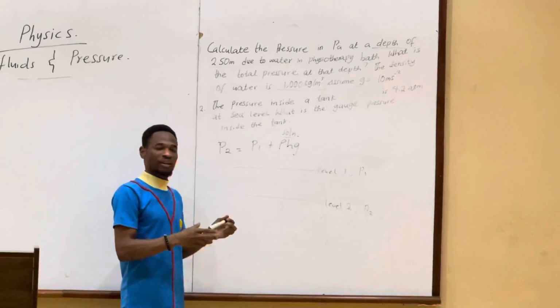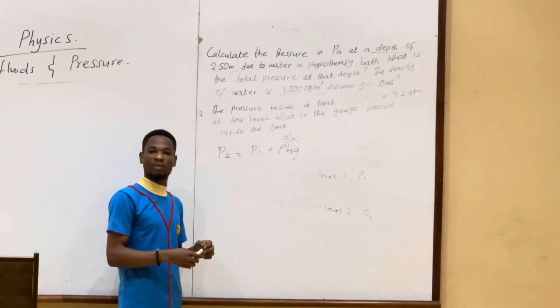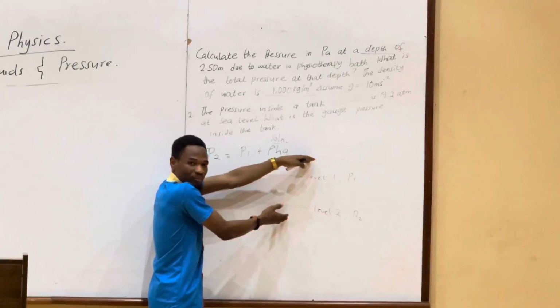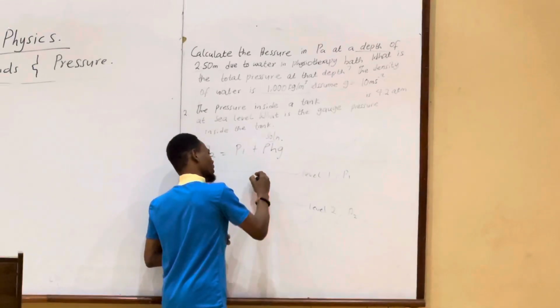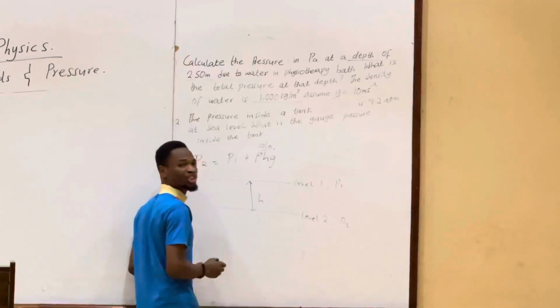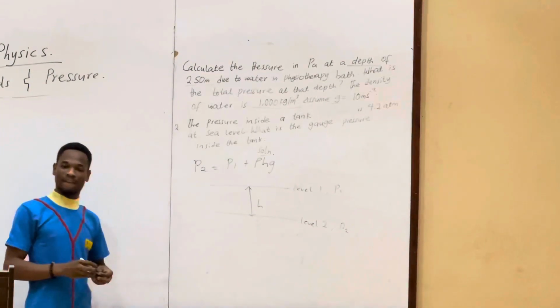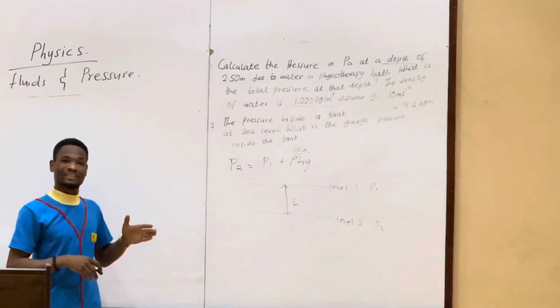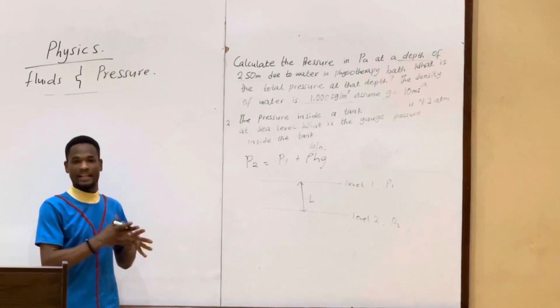The interval or the difference between level 1 and level 2, in other words, the pressure difference from here to here, is denoted by H. That is height. Do you get it that way? So that's the pressure difference or the pressure gradient.